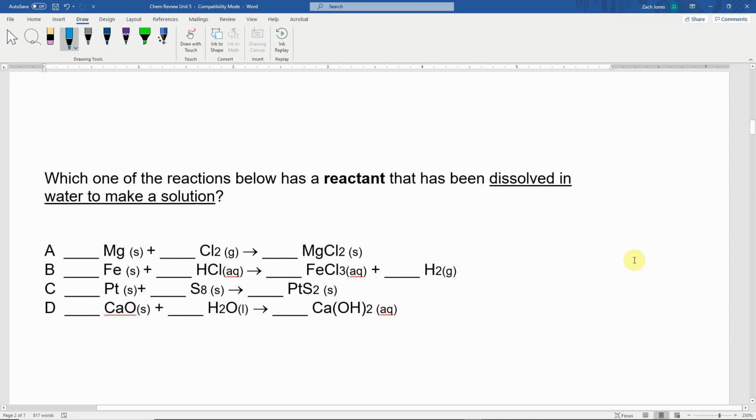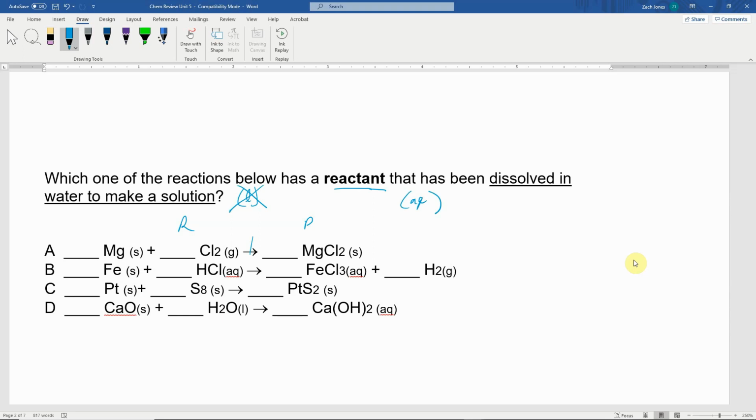Go ahead and read it, and then choose your answer. All right, if we were looking for a reactant, remember we're looking on the left side of the arrows because we have reactants and products, and we're looking for one that has been dissolved in water. Now you remember that does not mean it's liquid. If you dissolve something in water, it's aqueous.